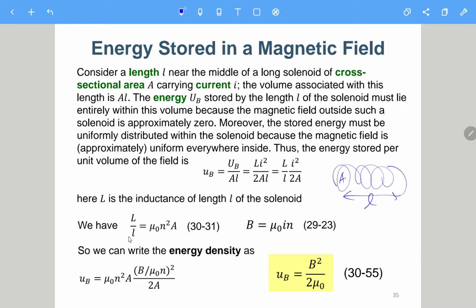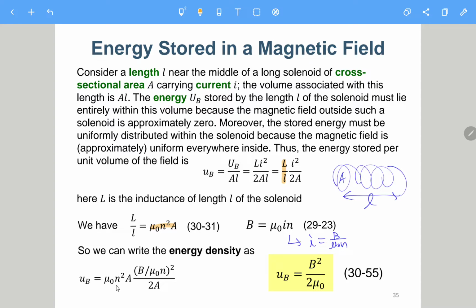Okay, so previously we already derived that the inductance per unit length is mu0 n square A for the solenoid, and B is mu0 n I. So we can have I equals B over mu0 n. For this term we can just put it here.